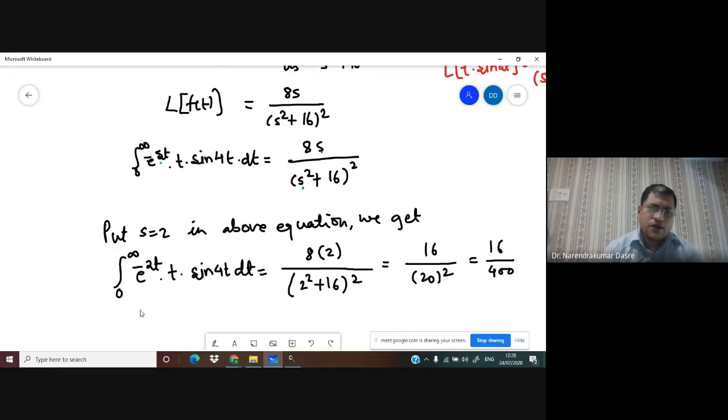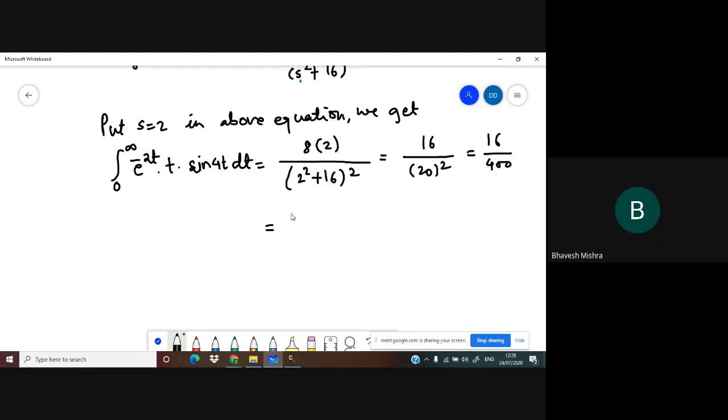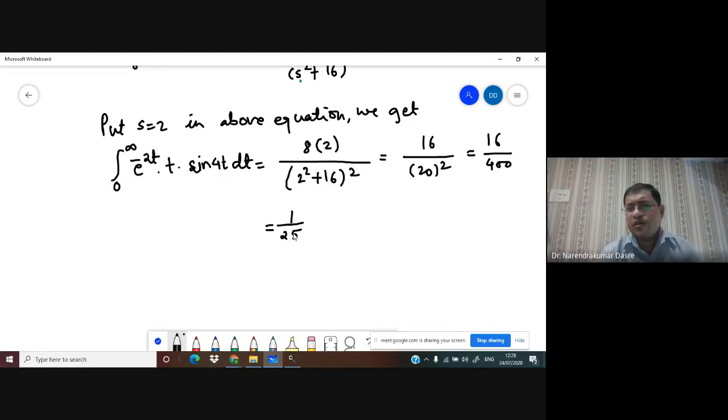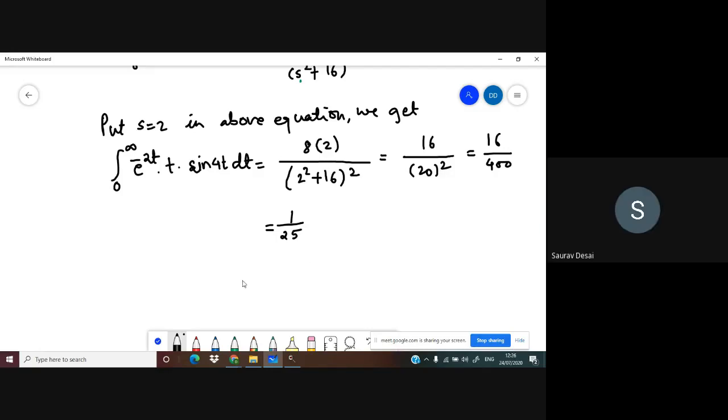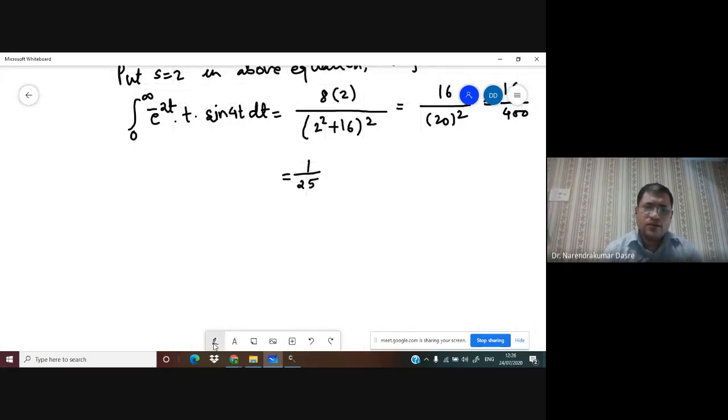You can simplify more. What will this term be? 1 upon 25. Yes, correct.